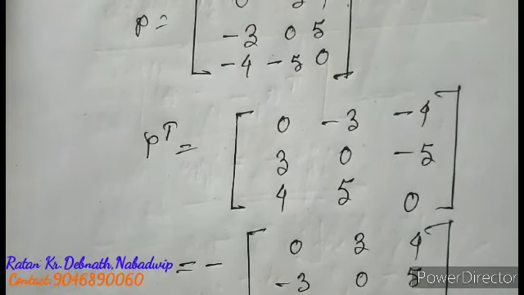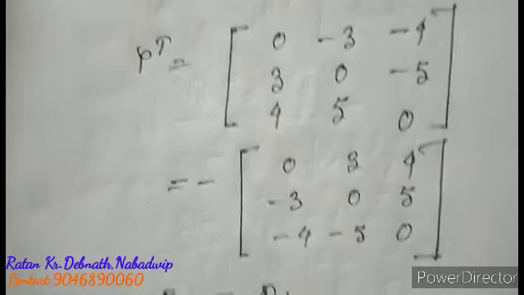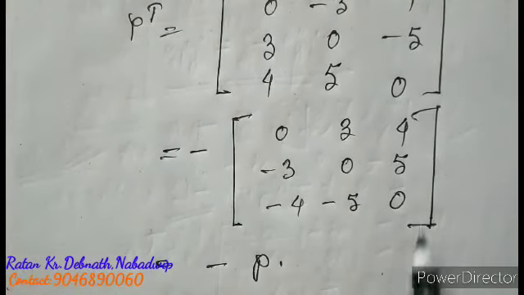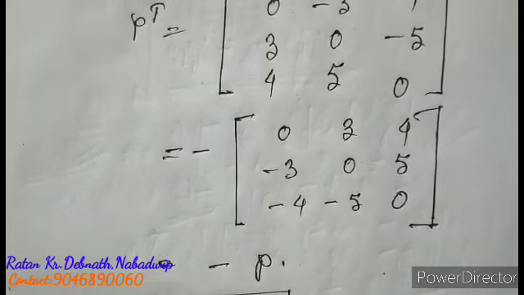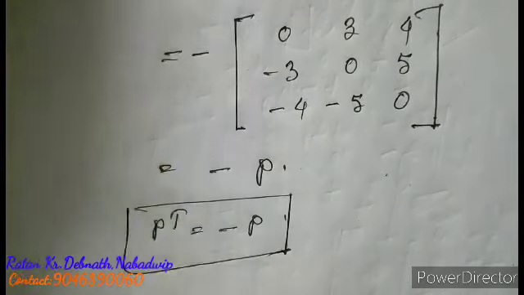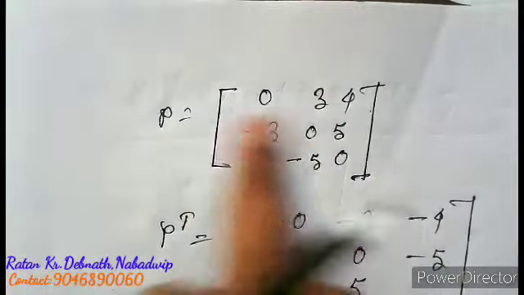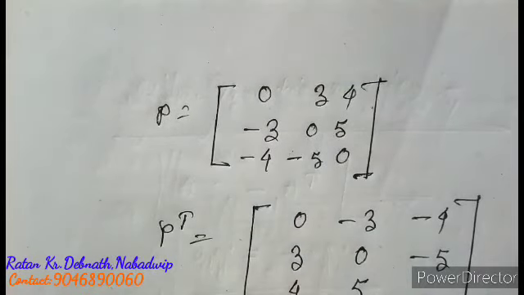So we can write P here, because this matrix is equal to the original matrix, that is P transpose equals to minus P. In that case we can also say P is a skew symmetric matrix. If you want, you can write so many examples like this.